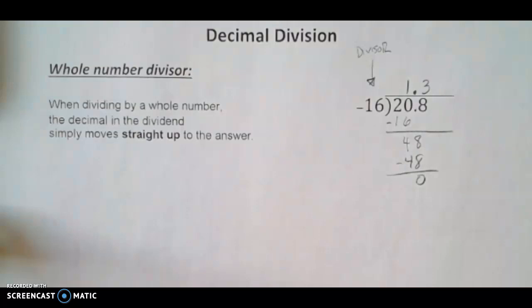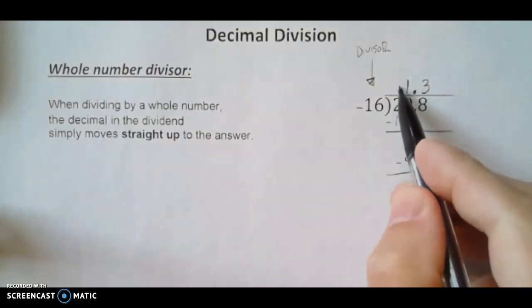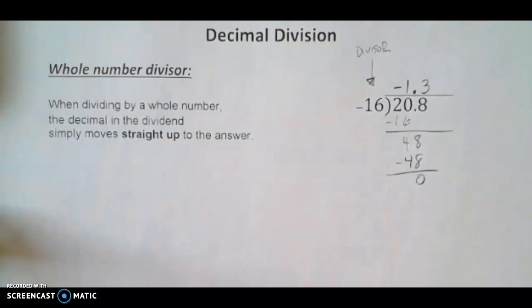And I subtract, and I've got a 0 remainder, and now I'm done. Again, I just have to apply my negative symbol. A positive divided by a negative is going to be a negative number. And so my answer is -1 3/10. So if you divide by a whole number, just take the decimal from the dividend and move it straight up into the answer.